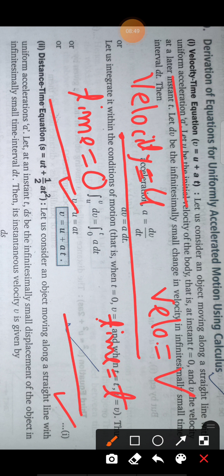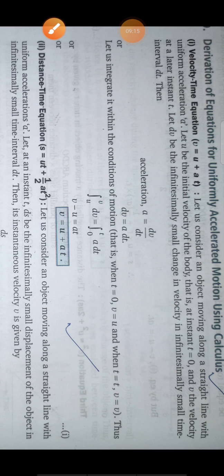It is for the simplicity of the calculation, nothing else. You can take time from t1 to t2, then also you will find a value that is not incorrect. Initial velocity was u, and final velocity is v. So the lower limit of velocity is u, upper limit of velocity is v.